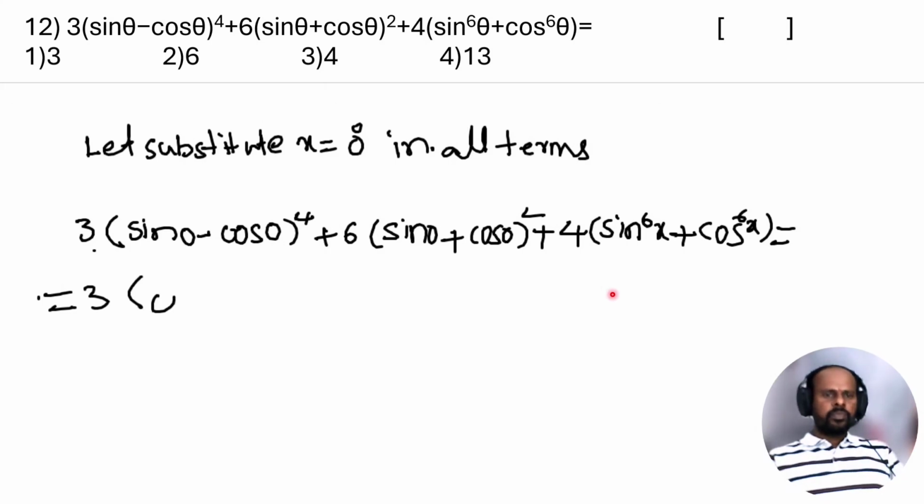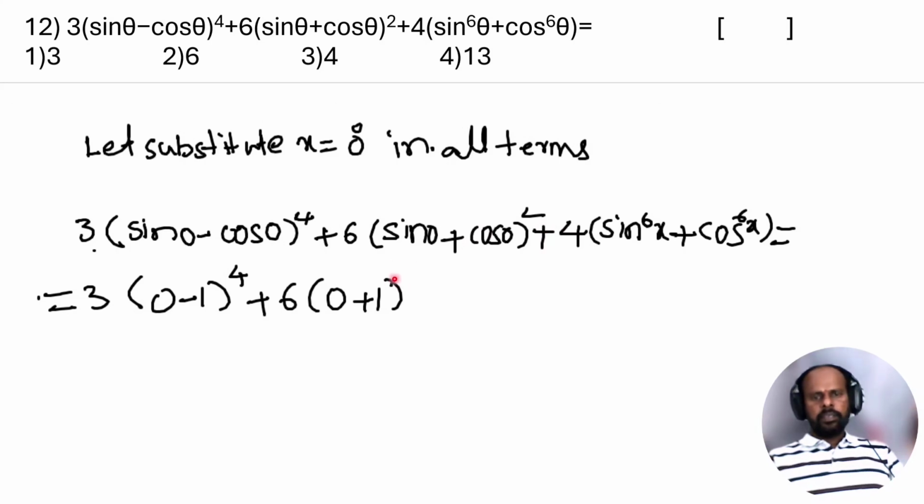If you write all the values: sine 0 is 0 and cos 0 is 1, power 4; sine 0 is 0 and cos 0 is 1, square; and next plus 4 into sine 0 power 6, cos 0 power 6.